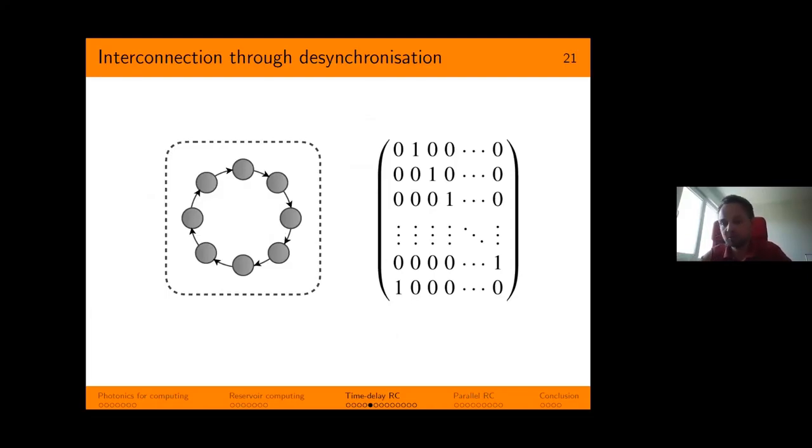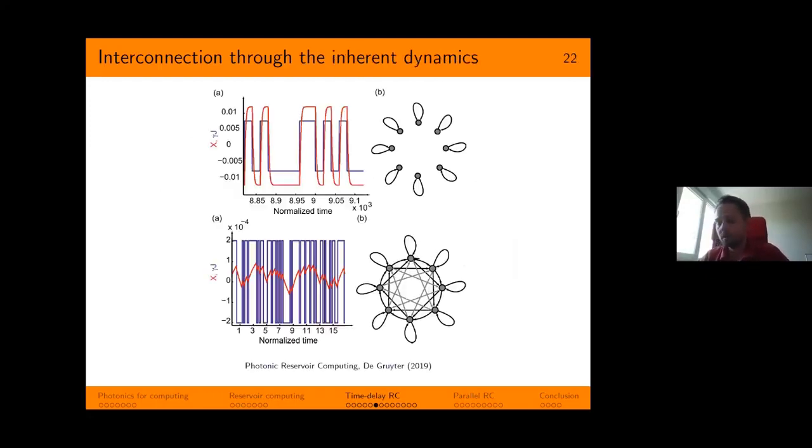Mathematically, it corresponds to the big W matrix of this form, where all the elements are zero, except one line of non-zero elements just off the diagonal, which symbolizes the fact that each neuron is connected to its closest neighbor.